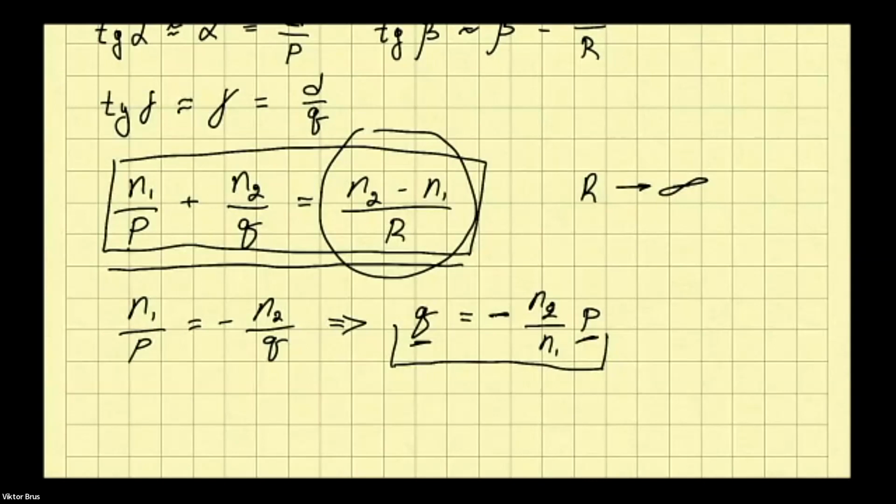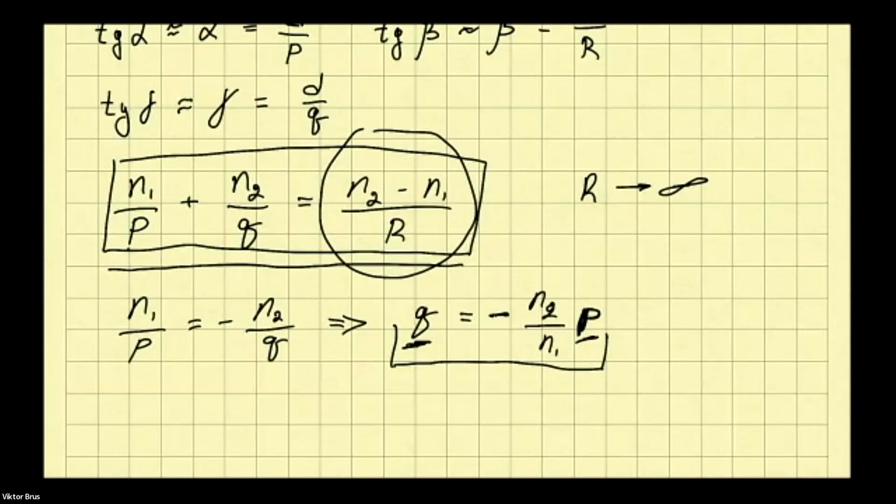So if P here is positive, meaning the object is located on the left side of the interface, then Q will be negative, meaning the image is also located on the left side.